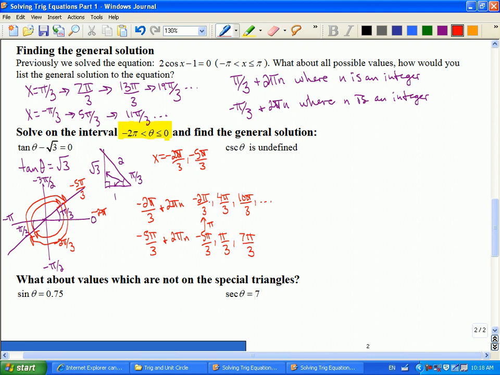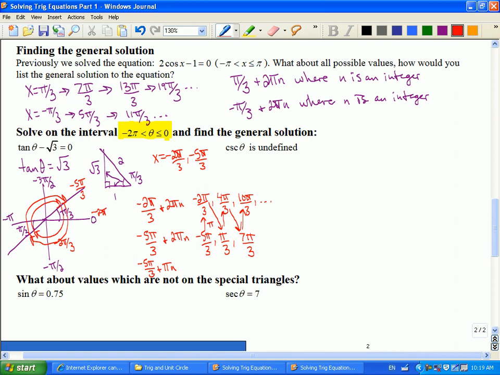Then the next one is add pi, then add pi, add pi, add pi. I can actually get all of the answers in one if I was to write it like this. Because then if I move by pi, each time I'll hit the same angle. So you can combine those two in the case of tangent and cotangent rather than working with two separate ones.